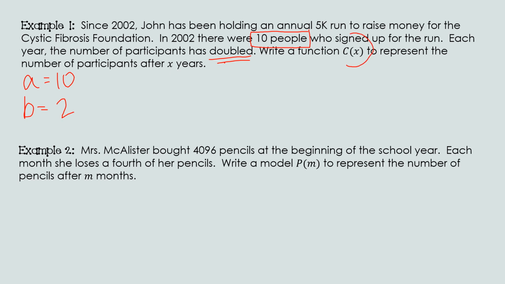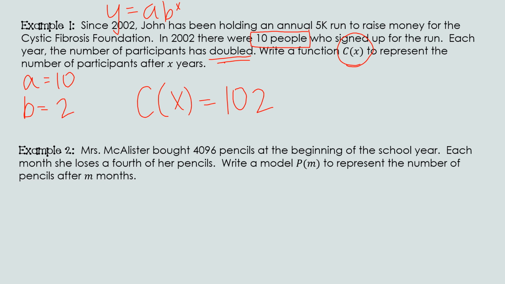So it gives us the notation that it wants us to write the function in. So we would write c of x equals, and then the formula, again, is a b to the x power. So sometimes the way that you'll see it is 10. Now I can't just write a 2 next to it, or it would look like 102.